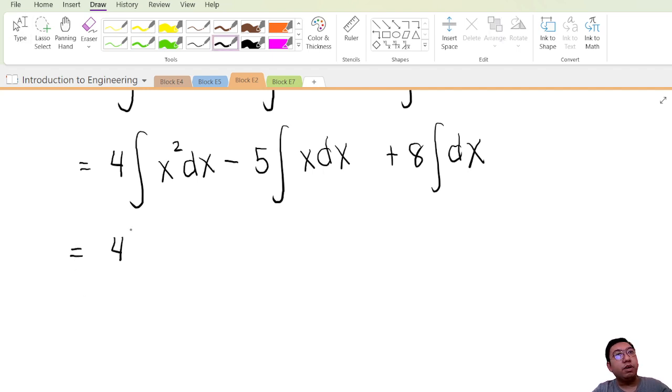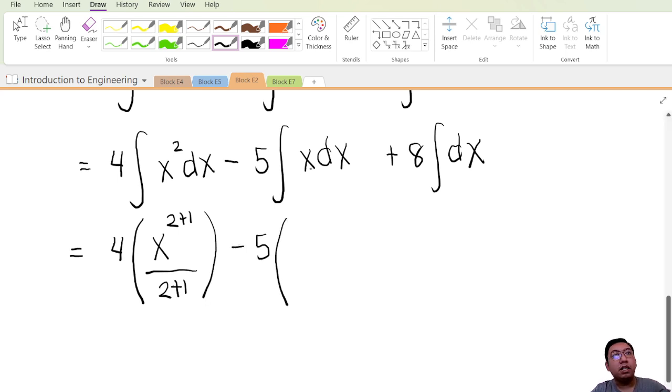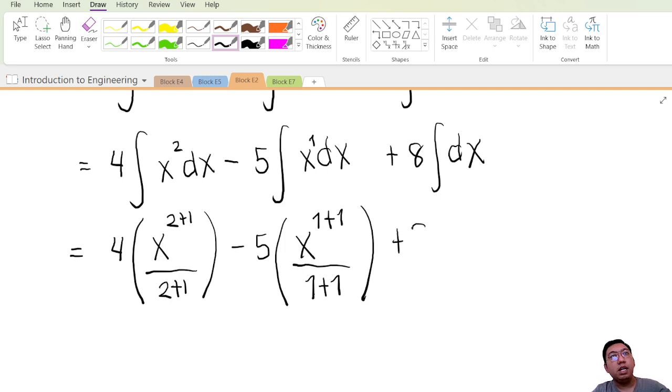We have 4 multiplied by the power rule answer for the integral of x squared. So we have x to the 2 plus 1 over 2 plus 1, minus 5 multiplied by the integral of x dx. So we have x, which has an invisible 1 exponent here, so we have 1 plus 1 over 1 plus 1, and then plus 8.